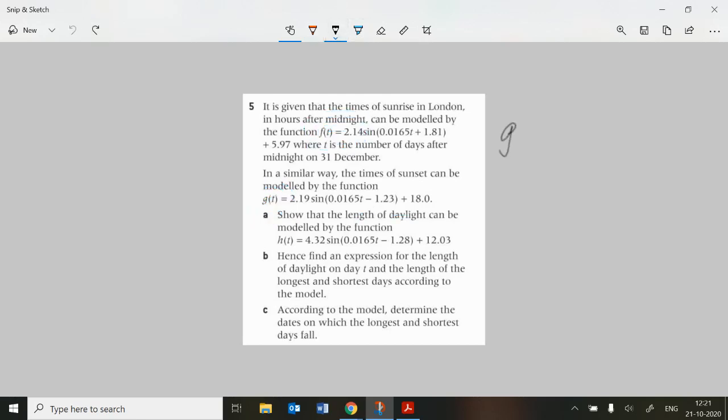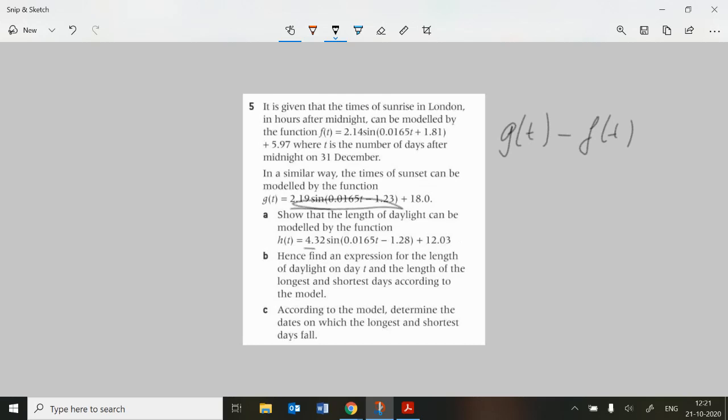So you're going to need to do g of t minus f of t. That's going to be the same as adding two sine functions. Subtracting two sine functions is exactly the same. In this question, you'll definitely get this number take away this number, no problem. That gives us this 12.03 at the end.